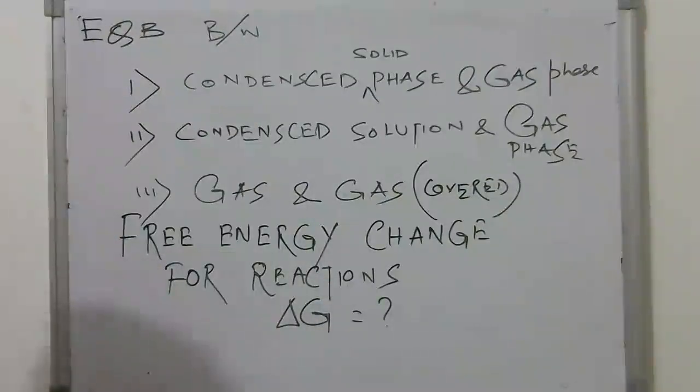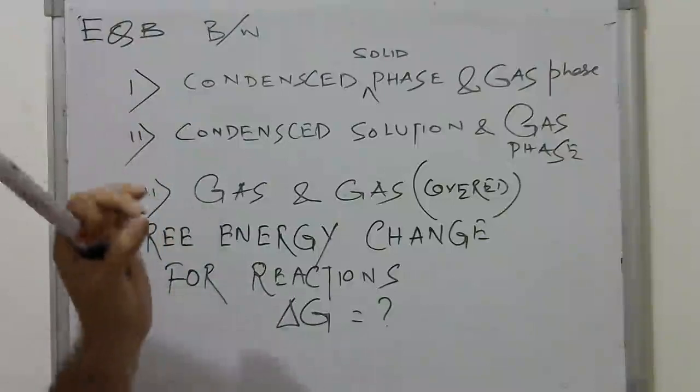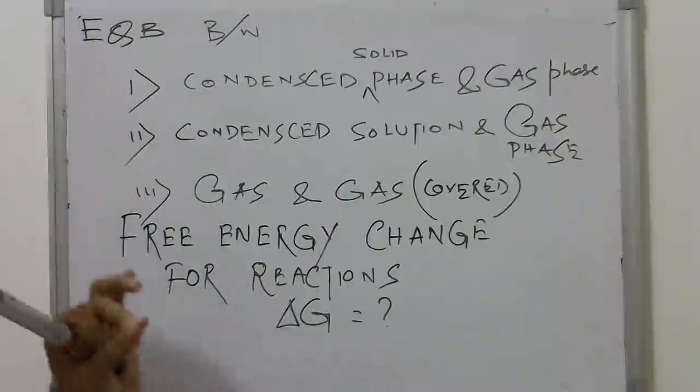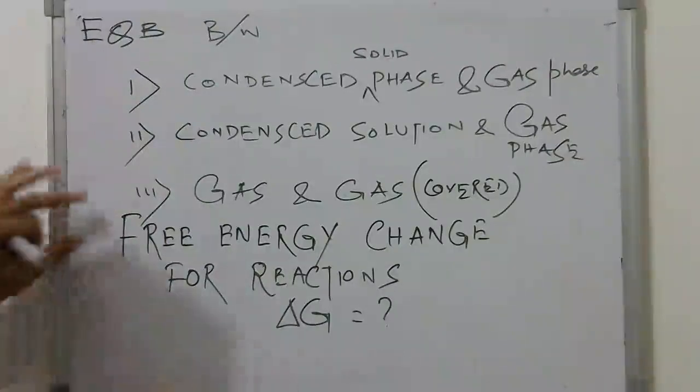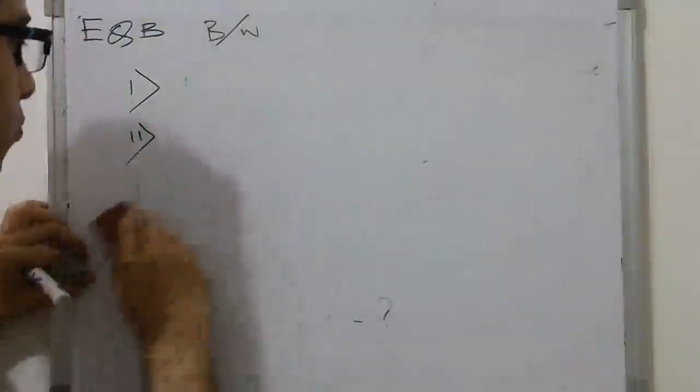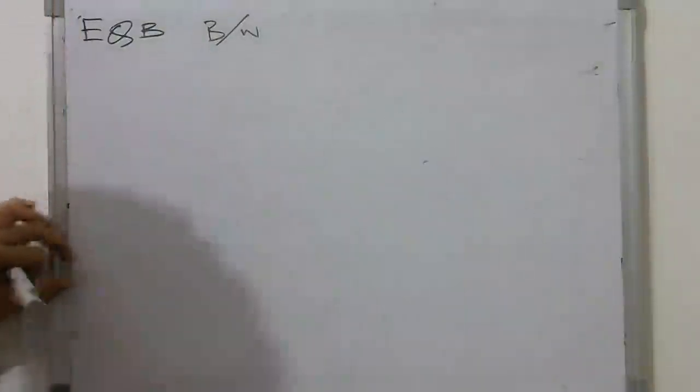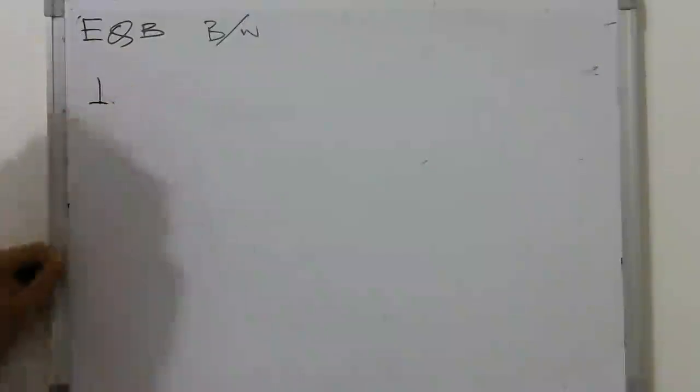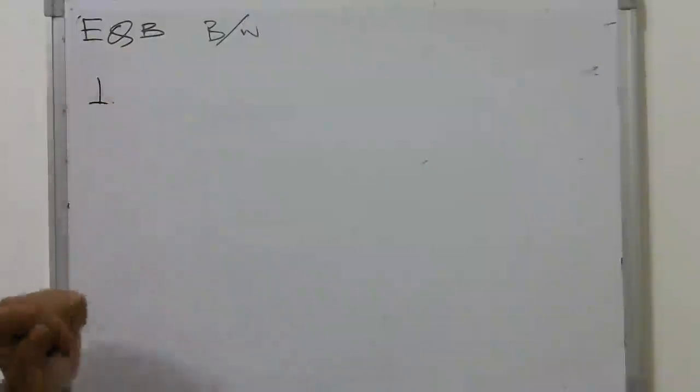The first thing you should note is that I'm just writing down a few key concepts to solve the problems. These are the most essential concepts. Let's see what they are. The first thing you should always remember is the activity.